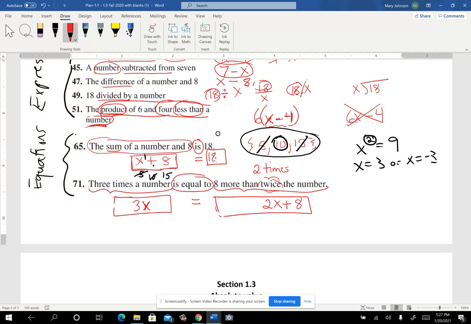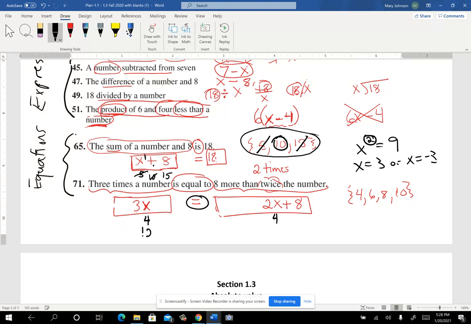Then just like before, they're going to give you some numbers to try, like 4, 6, 8, and 10, and you're just trying to see which of them would work. So you plug in 4 for the x on both sides, and you look to see if the two sides give you the same value. That's what equals means.